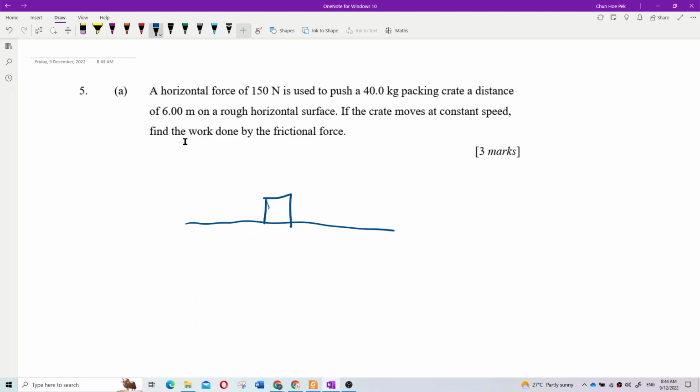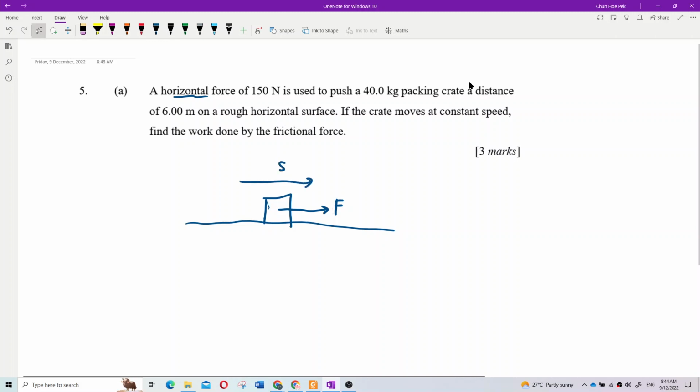A horizontal force, no angle, so it's just a horizontal force pushing this crate across a distance of 6 meter on a rough horizontal surface. This surface is horizontal, not inclined, so this question will be easy. Rough means it has friction.